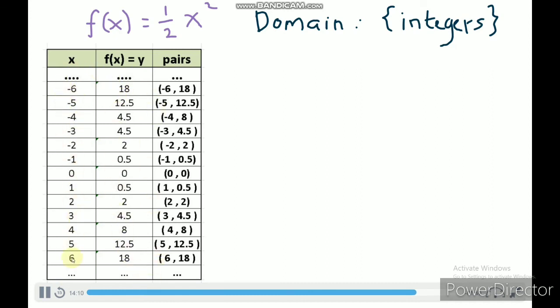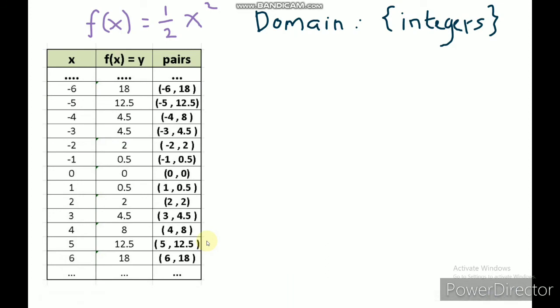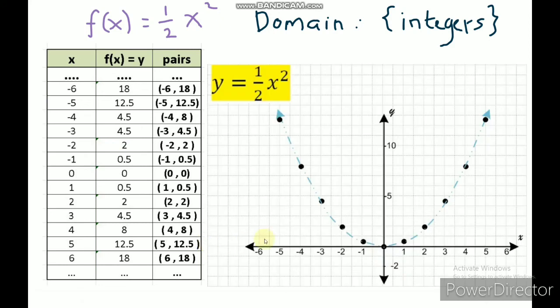I will start with -6, but keep in mind that I can go further to -7, -8, and so on. You can see that my table ends at 6 on the bottom, but it can still continue on to 7, 8, and so on. But I am satisfied with this list. And when I graph it, it becomes like this.